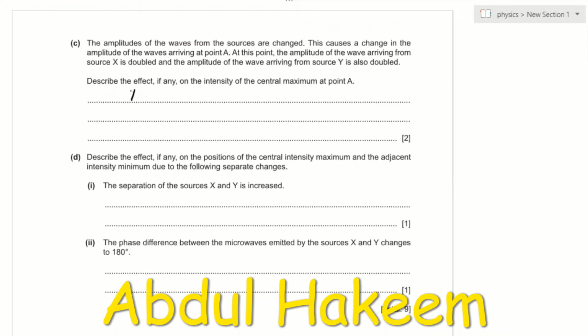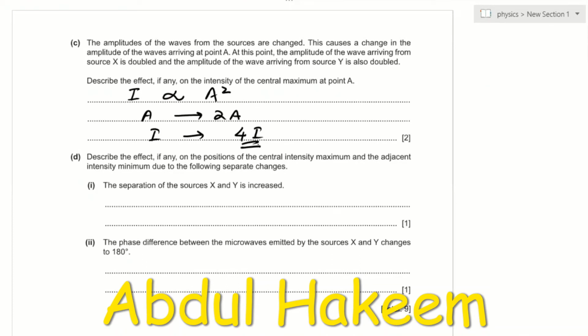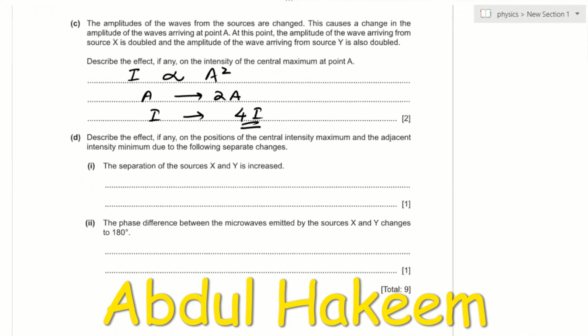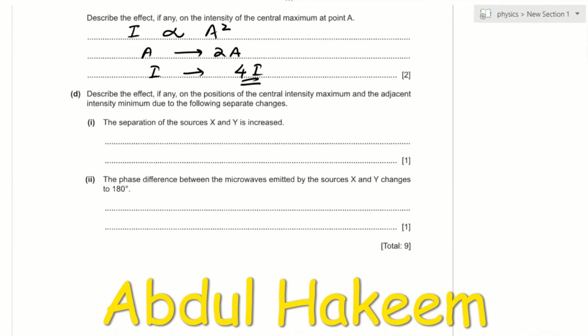Look, intensity is directly proportional to amplitude square, meaning when amplitude becomes double, then intensity increases by a factor of 4. So the intensity increases by 4 times if the amplitude becomes double.